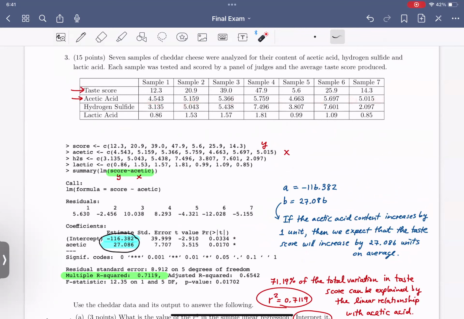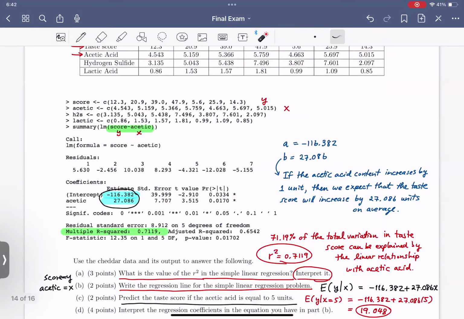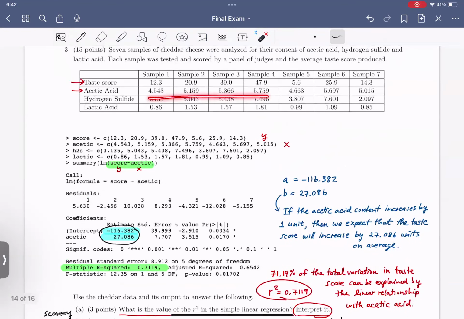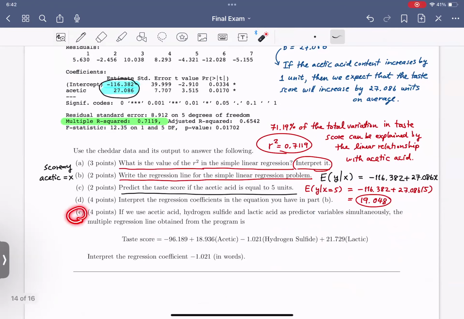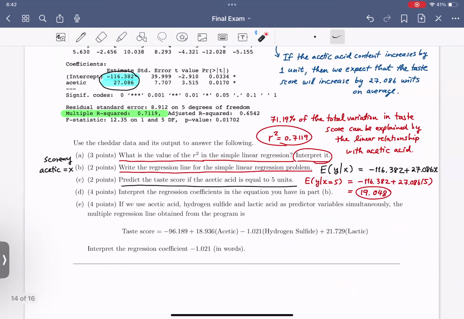But if X equals 0, it doesn't make sense. You can interpret it, but it doesn't make sense because it's far from our training X values.